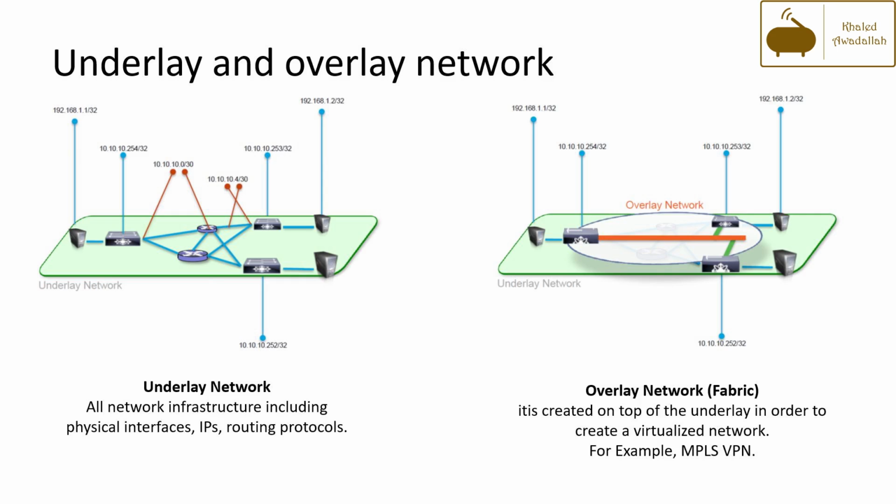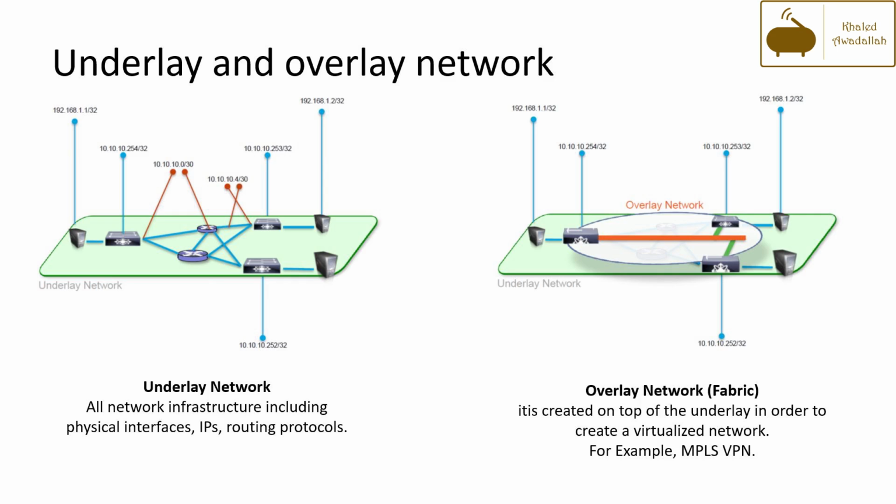And on the right side, this is the overlay network. The overlay network is the logical network that is built over the underlay network. For example, when you have a service provider core running MPLS and multi-protocol BGP, and you create an MPLS VPN for your customer, the MPLS VPN itself is an overlay network because it is built over the service provider core network.